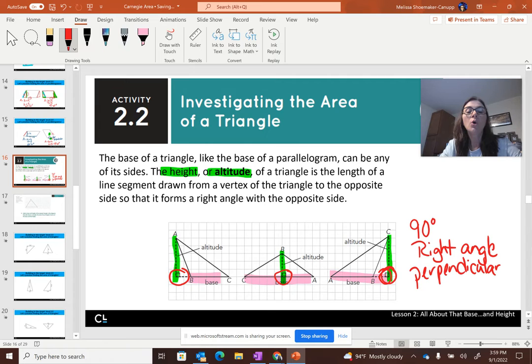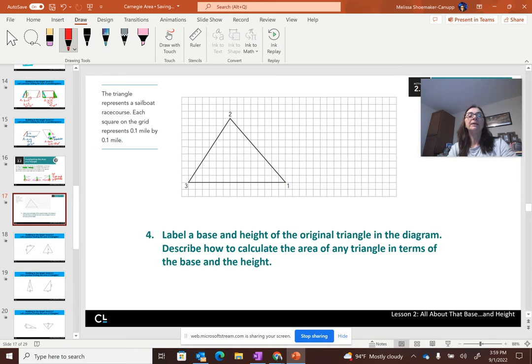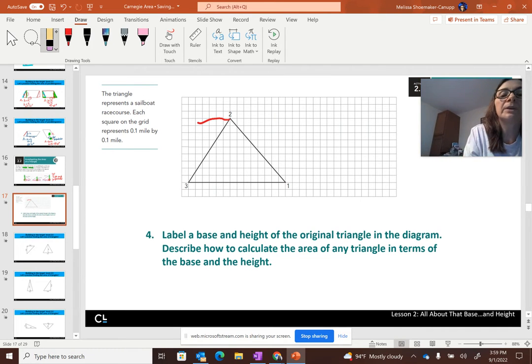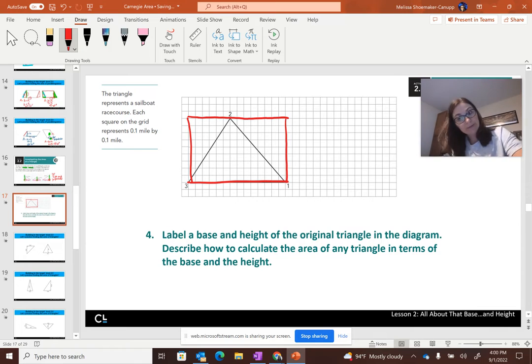Okay, now what I'm going to walk through in this example is that you already know how to find the area of a triangle. Okay, what we're going to do is we're going to turn this triangle, ooh, if I can draw a straight line, into something that you recognize, which is a rectangle.